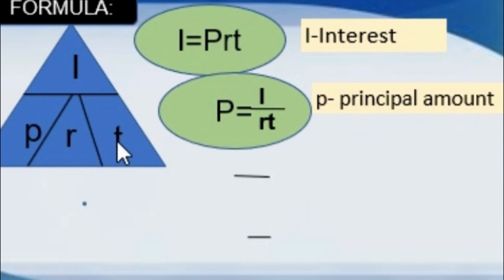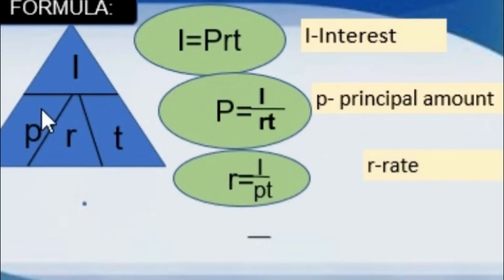Madali lang i-memorize if yung babasihan natin is yung pyramid formula. And then, if yung rate naman yung unknown, the formula is rate equals interest over principal times time.